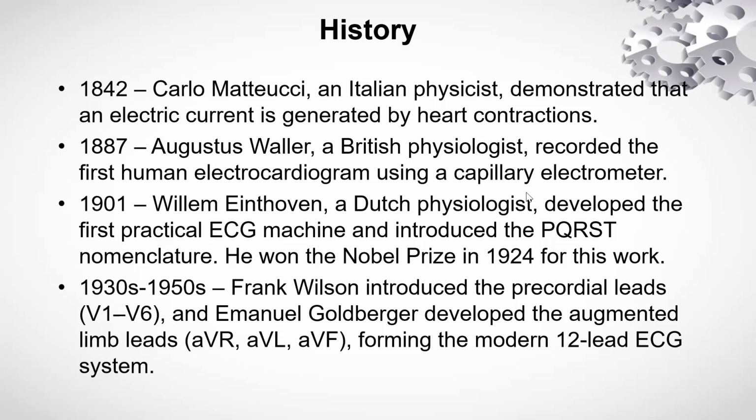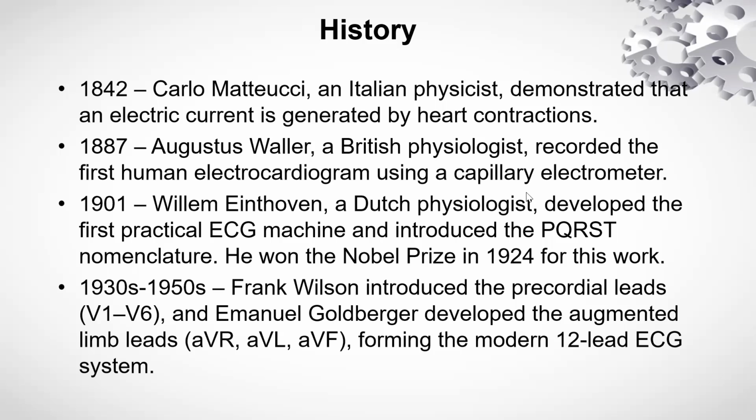Einthoven, who gave us the Einthoven triangle, was a Dutch physiologist who developed the first practical ECG machine and introduced the PQRST nomenclature. This work earned the Nobel Prize in 1924.